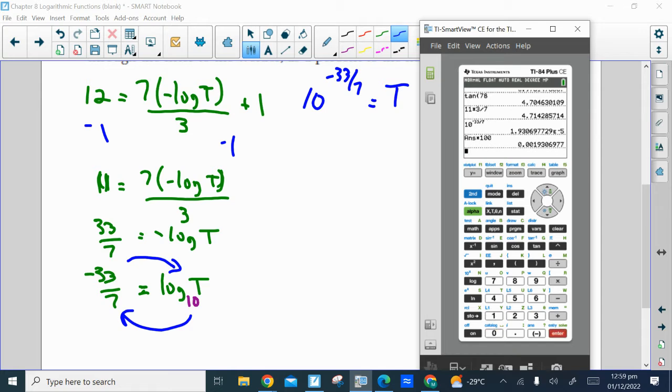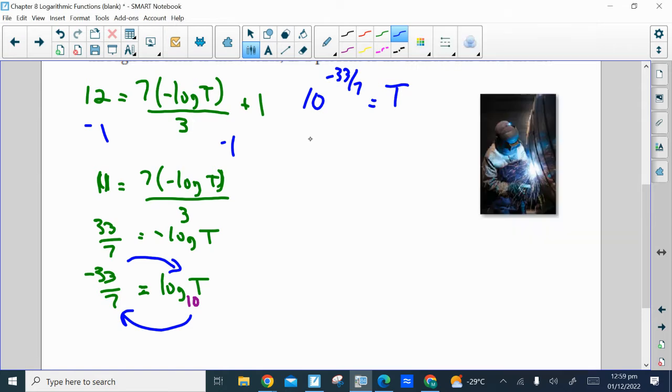And there's your answer as a percent, and we're asked to do that to the nearest 10,000th, which is 4 decimal places, 0.0019%. That's the percentage of visible light that passes through that filter.